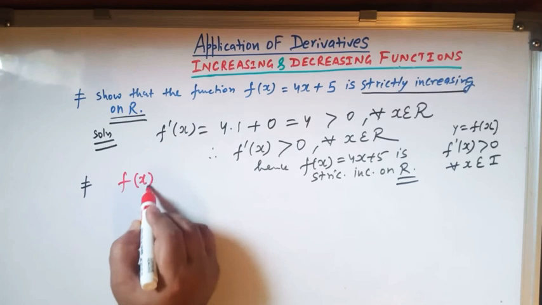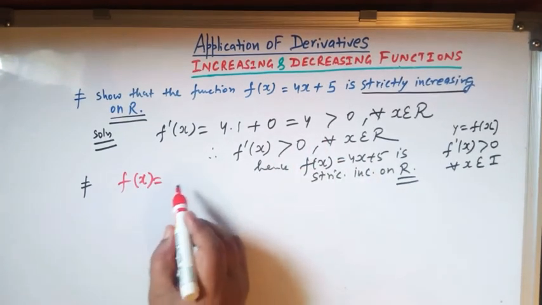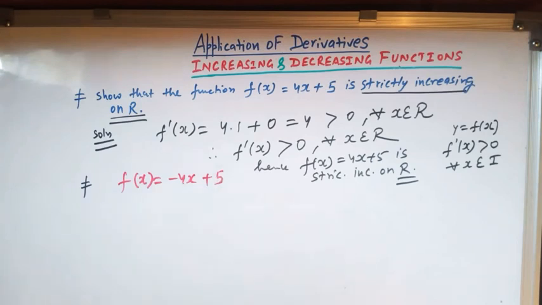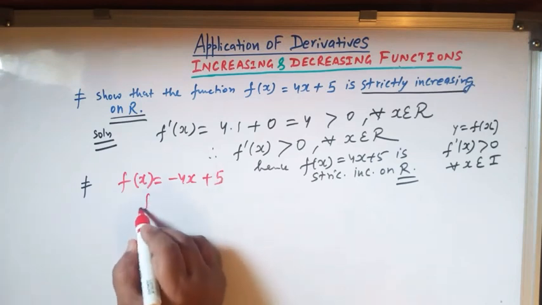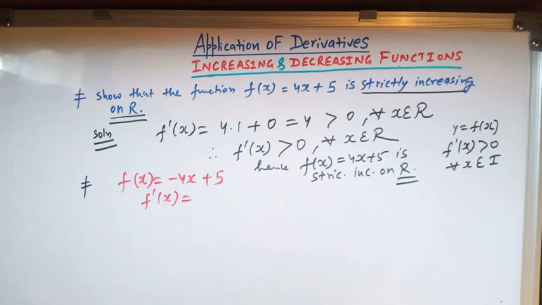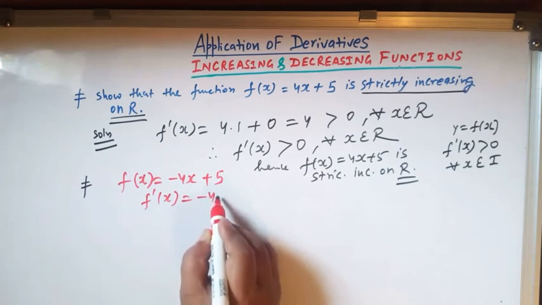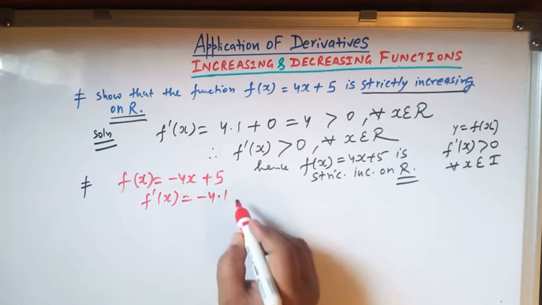Now viewers, at the same time, if instead of 4x plus 5 we have minus 4x plus 5, then what will we do? Again we find the derivative. F prime of x is given by minus 4, since the derivative of x is 1 and this is 0.